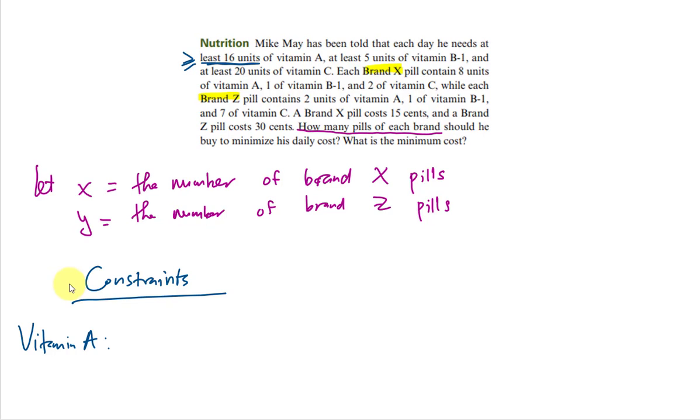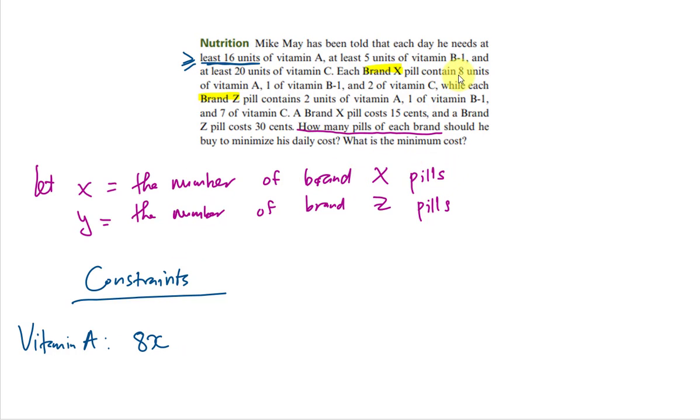Well, X is the number of the brand X pills that he's using, and Y is the number of the brand Z pills. From brand X, each pill contains 8 units of vitamin A. So that is 8 multiplied with X, the number of the pills.